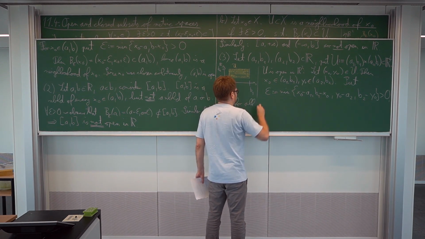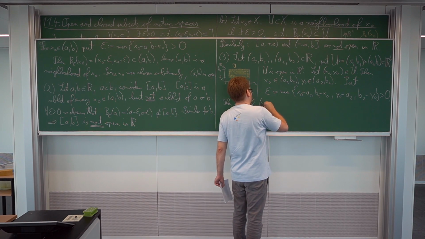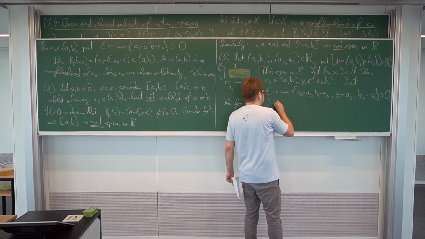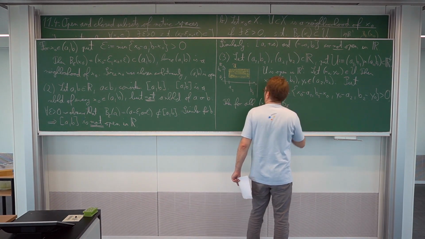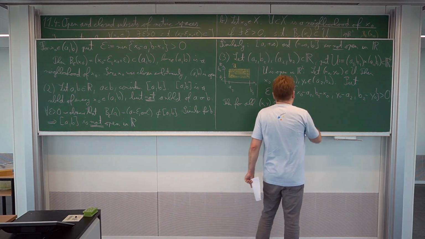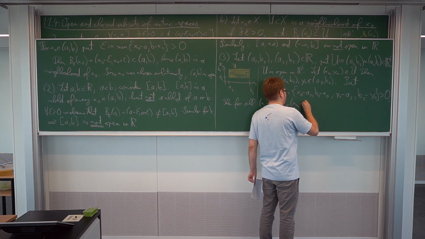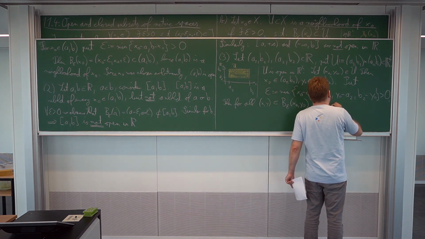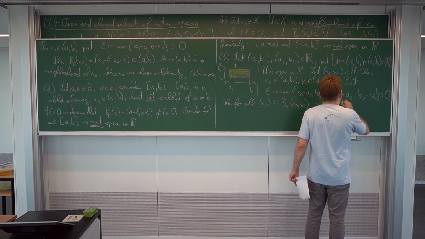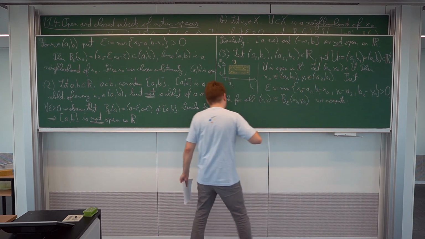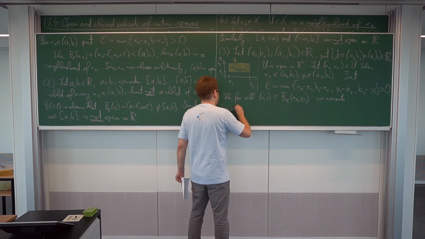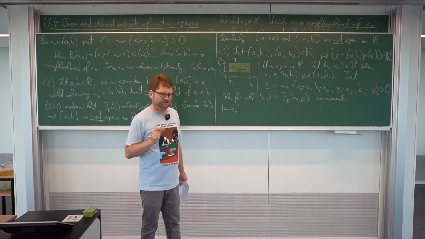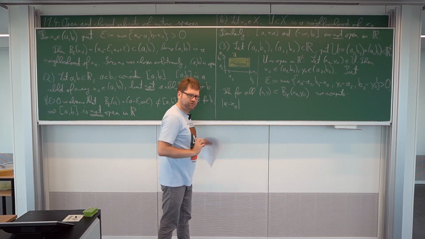Let's check that the ball is enough. So let's say we have some point x, y inside the epsilon ball, or in this case a disk here, around x0, y0. We compute the following. The distance, so x minus x0, the absolute value of the difference of the two x coordinates.